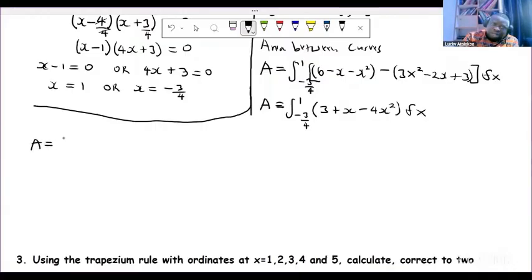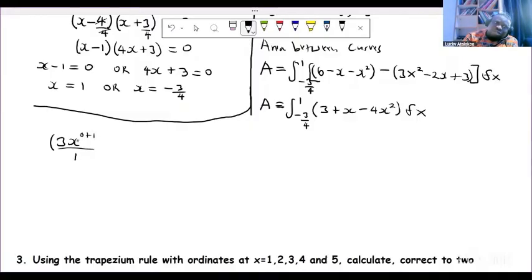So let's integrate this, with limits 1 and negative 3/4. I'm going to put 3 plus x minus 4x squared. Now to integrate, I am going to assume that there is an x to the power of 0 here. Now, I will add 1 to that power. 0 plus 1 is 1.